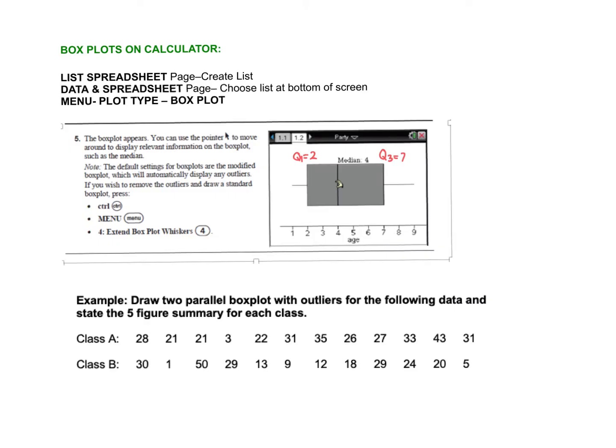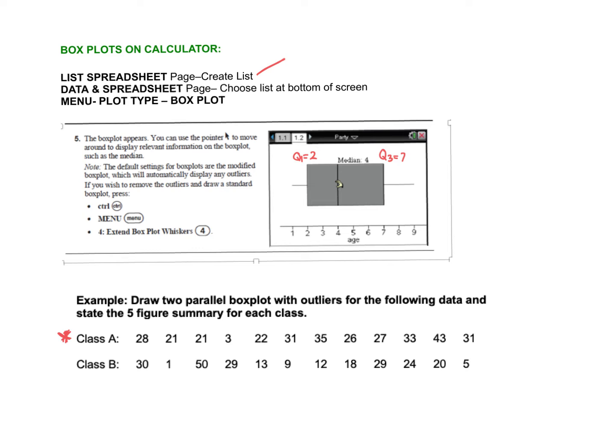All right, so on our calculators, I'm going to show you how to do a box plot. What I'd like you to do now is enter in class A. The first thing we're going to do is go to lists and spreadsheets, and we're going to create a list of class A, and I'm going to pause it.